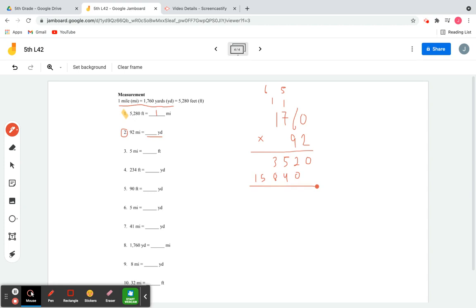Now I'm going to add the numbers. So 0 comes down here. And then 2 plus 0 is 2. And then 5 plus 9 is 14. 3 plus 8 is 11. So I write 1 here and then 1 here. So 5 plus 1 is 6.